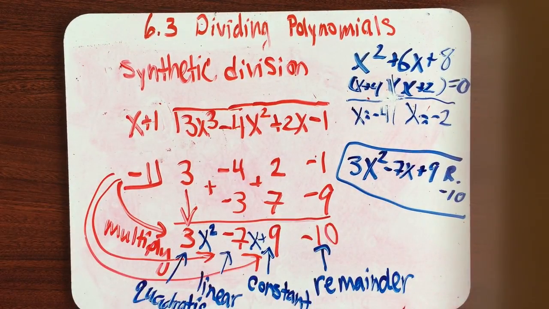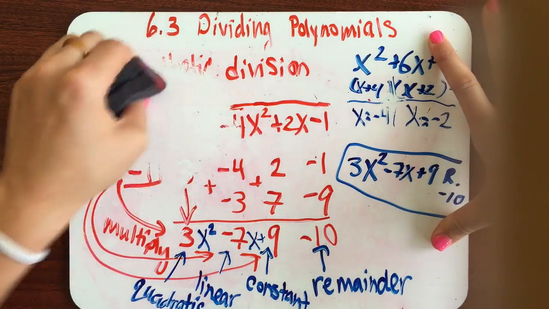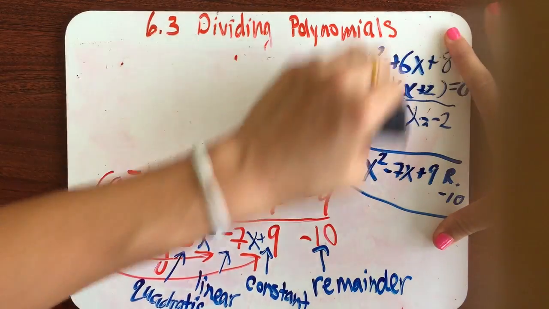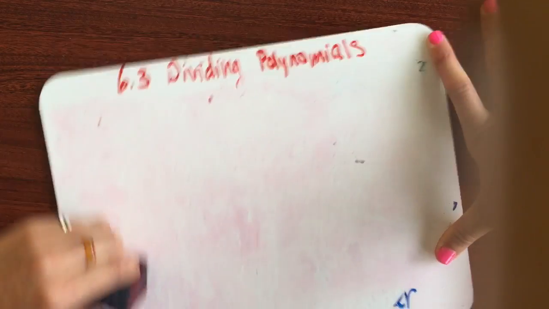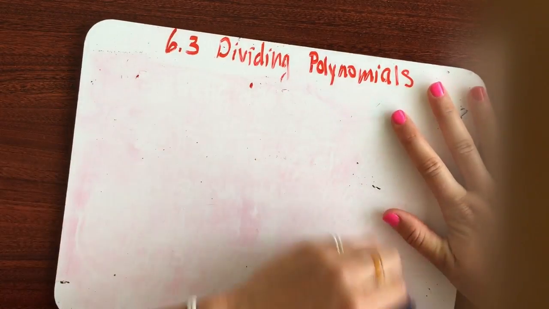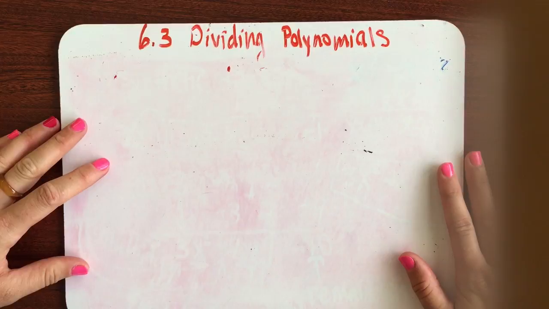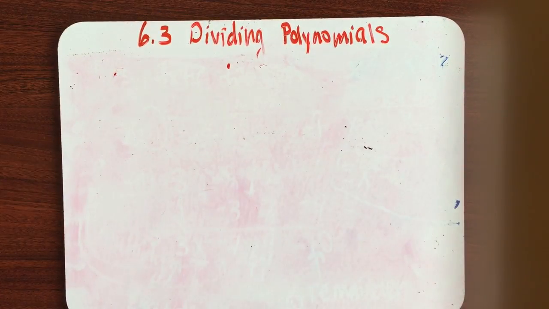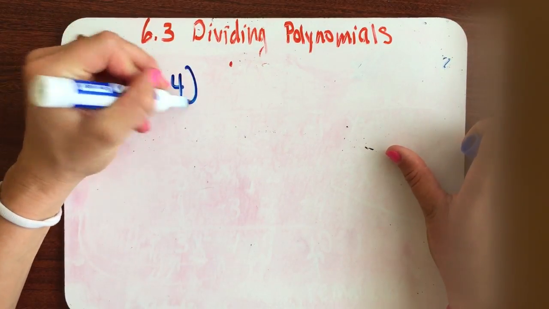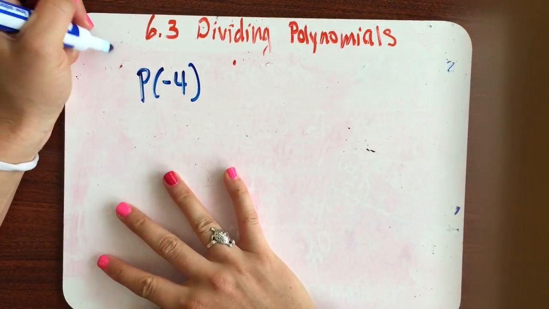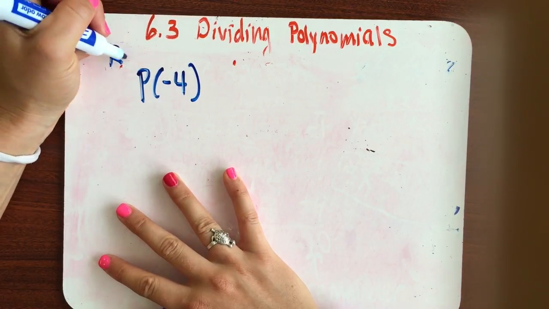Okay, so this leads us to the last thing, which is the remainder theorem. And the remainder theorem is still using synthetic division. So the remainder theorem is going to say we want to find p of -4.